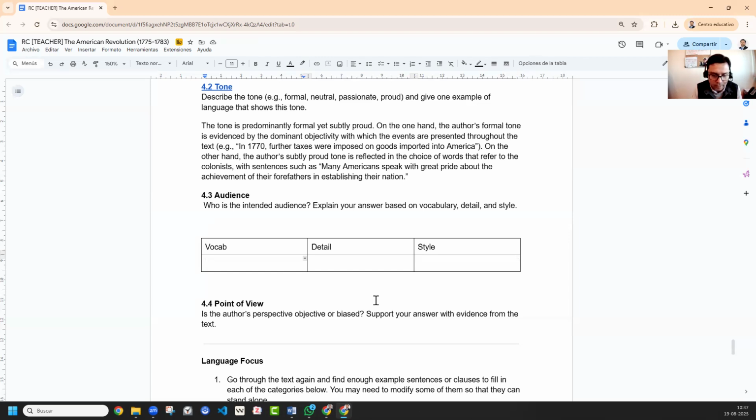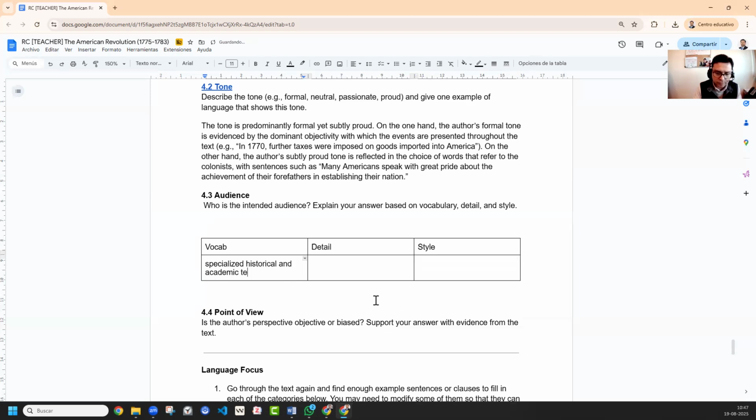So what can we say about vocabulary? Okay, so we see some specialized historical and academic terms.